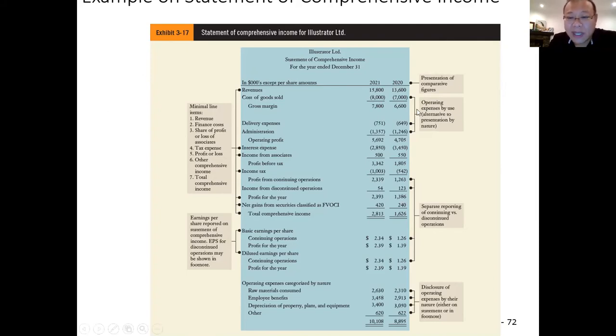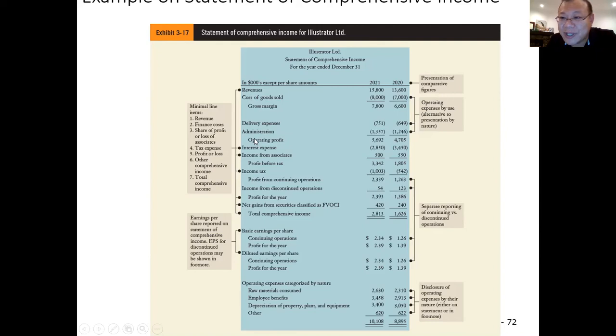Okay, so now let's take a look at these dots here. So cost of goods sold, delivery expenses, administration expenses. These are categorizations based on what? Based on the function and the use, right?